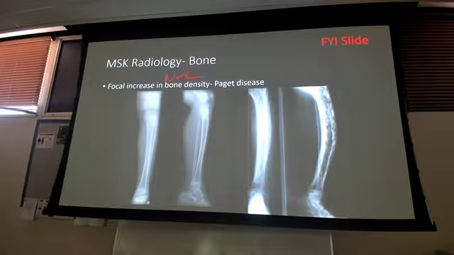Look at the thickness of the cortex on this one compared to this one. Same thing here compared to the thickness of the cortex there. So that right there is one side, and then the trabecular pattern is really accentuated as well. The bone is basically getting larger due to the Paget's.